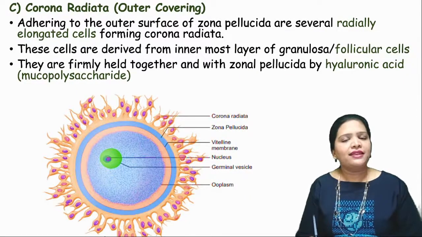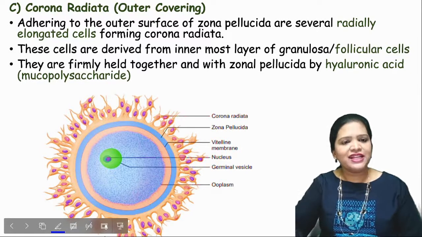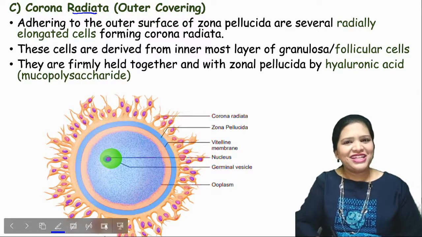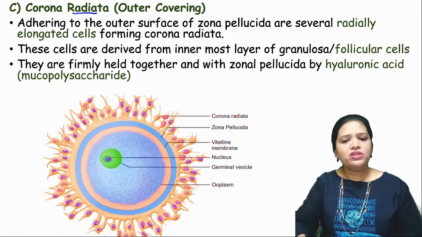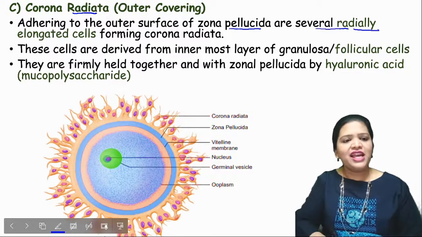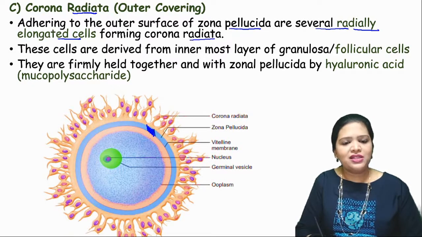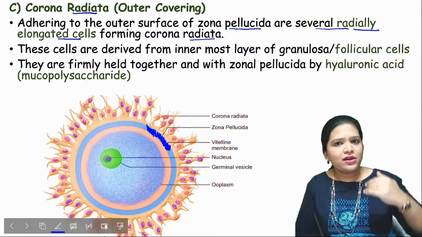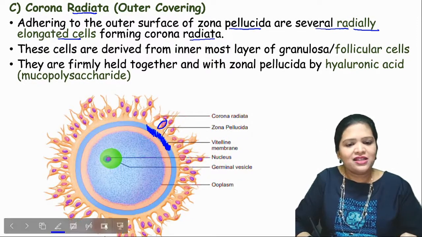Clear? And the third external covering or the outer covering of the egg is called corona radiata. So what is corona radiata? Adhering to the outer surface of zona pellucida, there are several radially elongated cells forming corona radiata. See, this blue one is the zona pellucida, right? So, surrounding the zona pellucida, there are some cells.